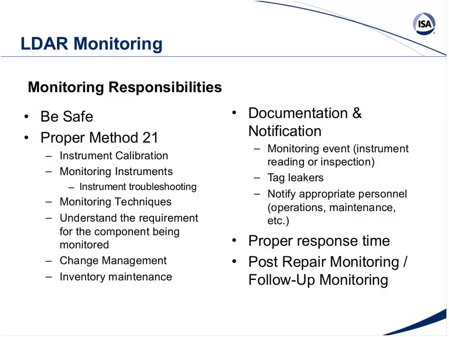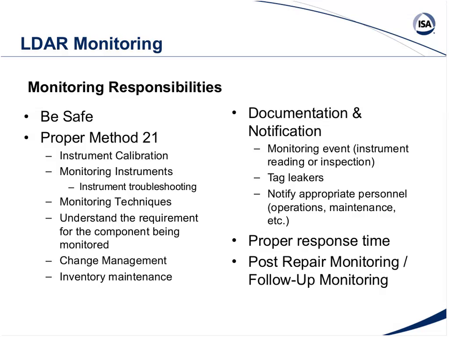The monitoring instruments, how they're being troubleshot, our flow rates, how those pieces of equipment are being maintained, all of that needs to be there for your Method 21. How a person monitors needs to be looked at. Are we getting all of the potential leak points when we go out and assess that particular component? We want to look at those pieces.